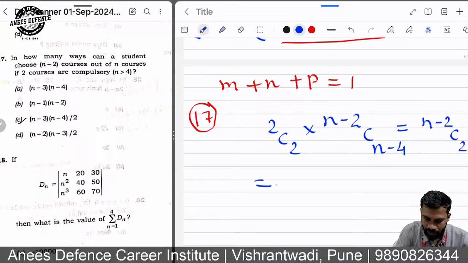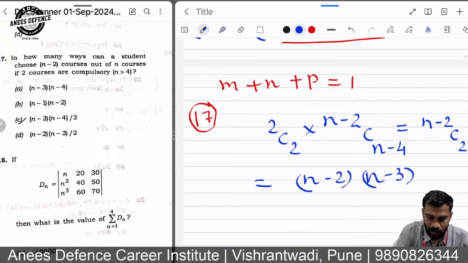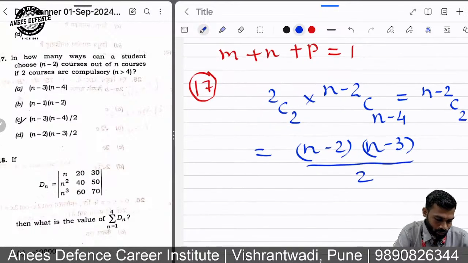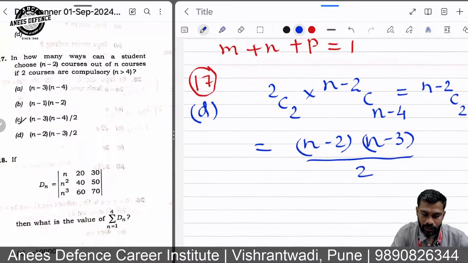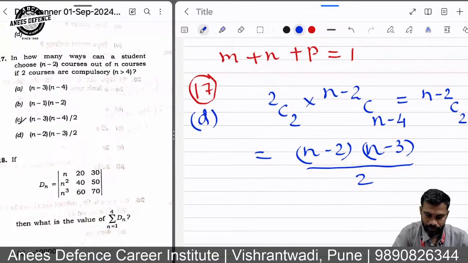So we need to just simplify this. This will be n minus 2 into n minus 3 divided by 2. So option D is the right answer. N minus 2 into n minus 3 divided by 2.